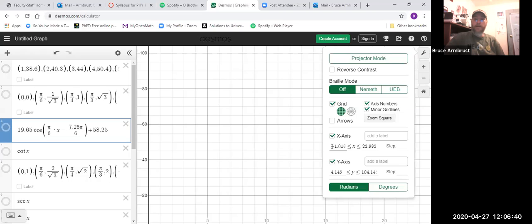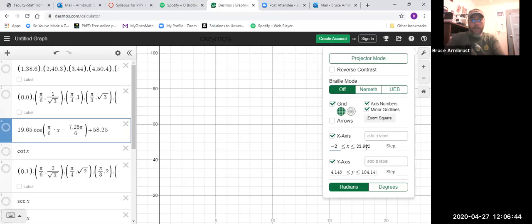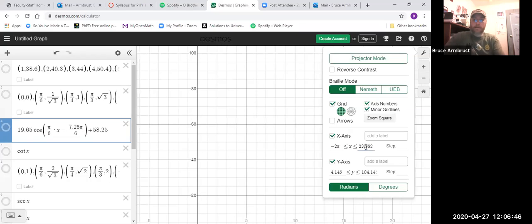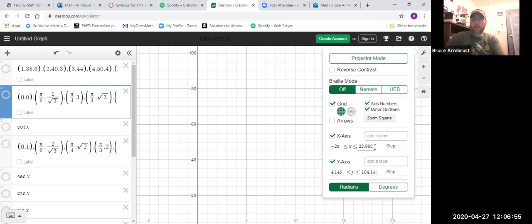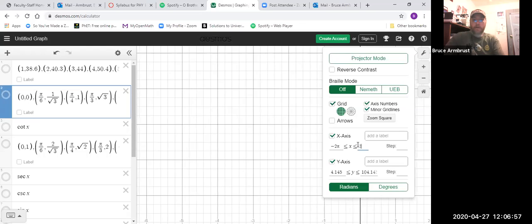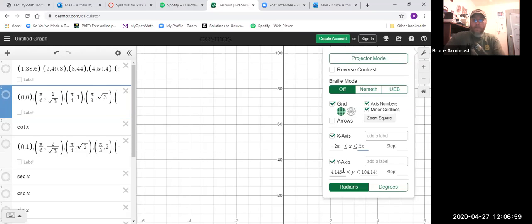I'm going to go back and change this so that we're going from minus 2 pi to 2 pi, and our x. And then for our y's, I think what we'll do, let's go say minus 5 to 5 right now.